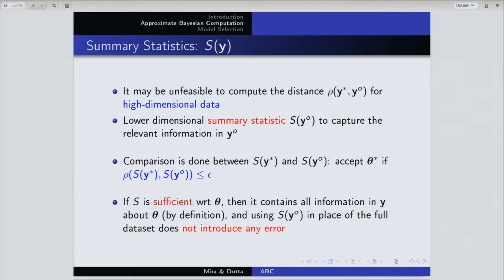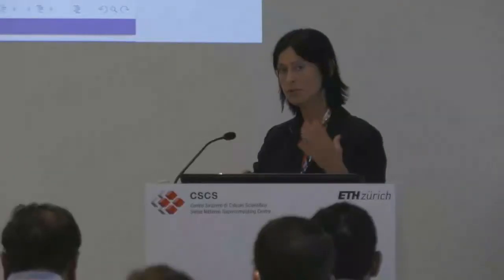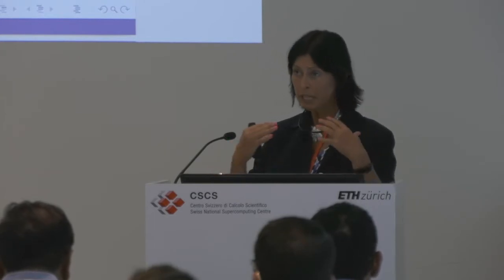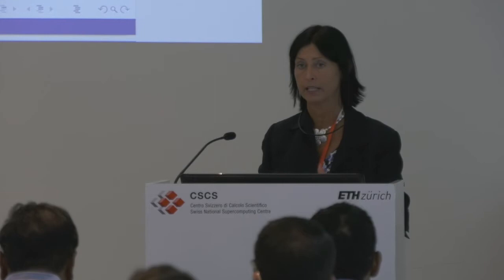So an exact evaluation of whether the summary statistics is sufficient or not is typically very hard. There are some special cases where you can do it, but typically it's impossible. So most of the time we will be inducing a further error of approximation in the ABC procedure. But that's the way it is. We will have to live with that. And the best way to choose the summary statistics is to ask our knowledge domain expert that have given you the model to also tell us about the features of the data that they observe, which they think are relevant for making inference on the model and on the parameter.